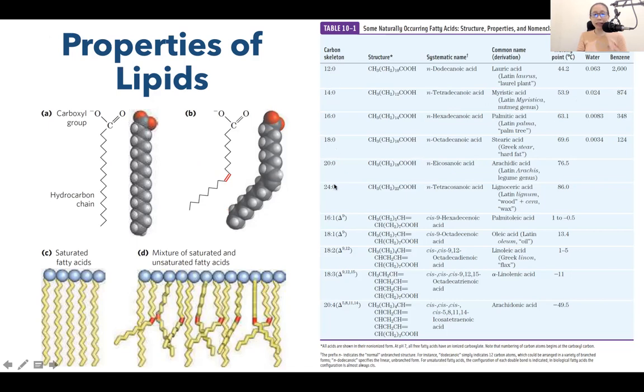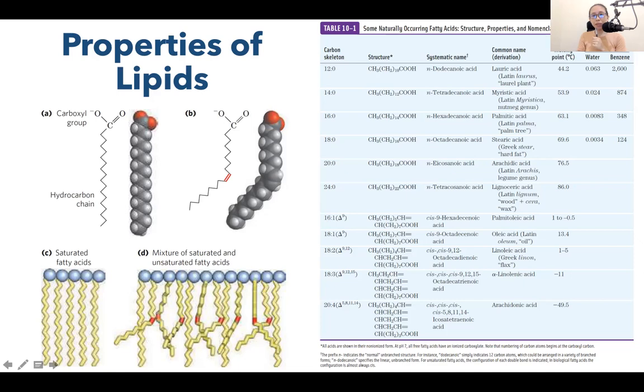Now, for saturated fatty acids, I mentioned that as the hydrocarbon chain lengthens, the melting point also increases. Why? Who has an idea? Because the carbon chain is hydrophobic, ma'am, so the longer it gets, the more insoluble it becomes. But all of them are insoluble.